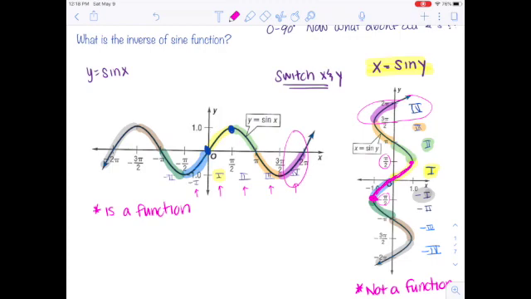So from negative pi over 2 all the way to pi over 2 is the piece of the graph that we keep. We're deleting the rest of the graph and using just these principal values right in here. If you see a capital letter, it's called arc sine, which we'll get into later.